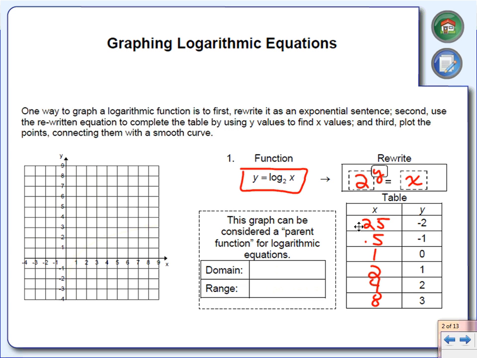When you get those points plotted, go ahead and connect the dots.